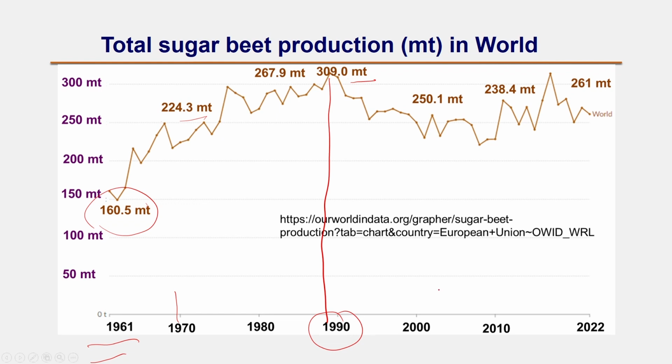In 2000 it was 250 million tons, in 2010 it was 238 million tons, and again there was an increase in 2022. Currently we have about 261 million tons production of sugar beet in the world.